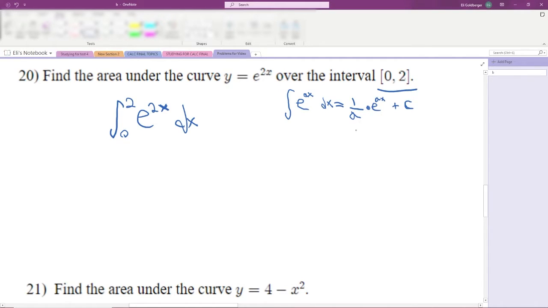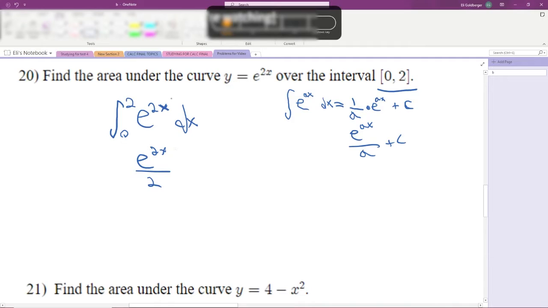And I like to just write that as e to the ax over a plus c. So if we follow that formula, we'll get e to the 2x over 2 plus c. But actually it wouldn't be plus c because this is a definite integral, and the c is for indefinite integrals.